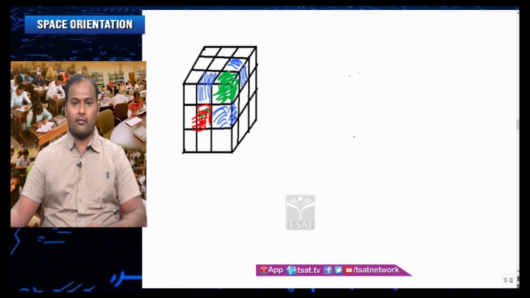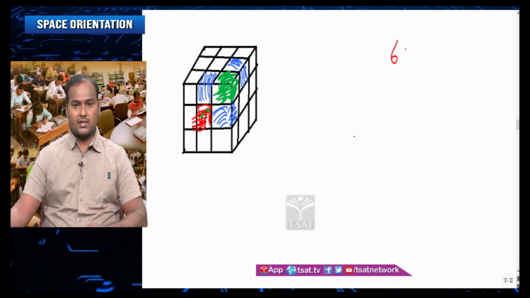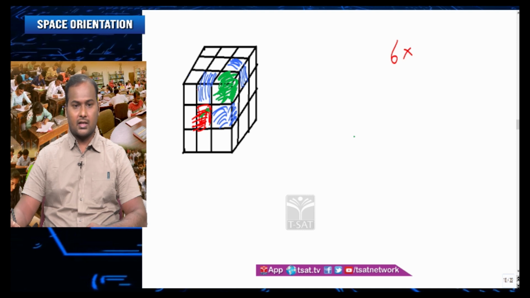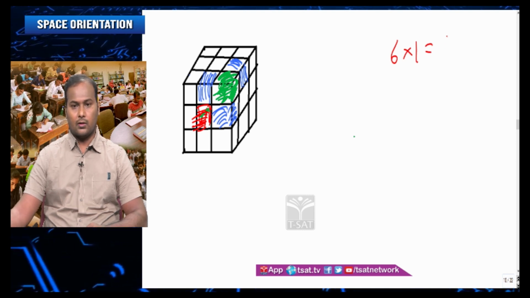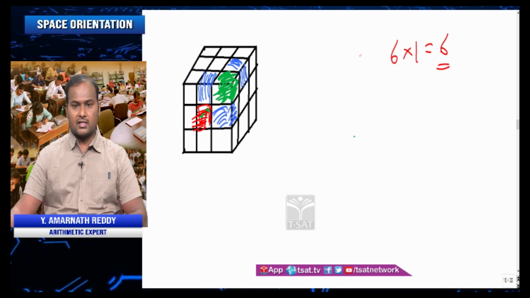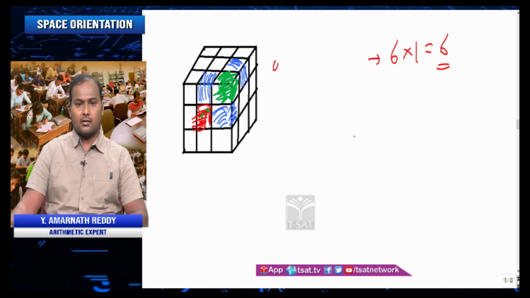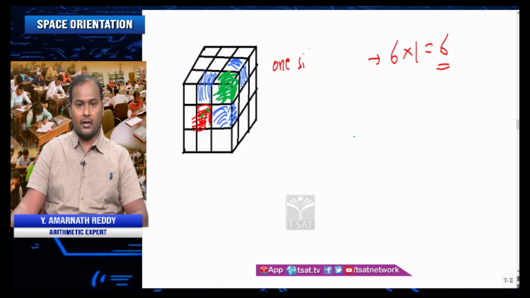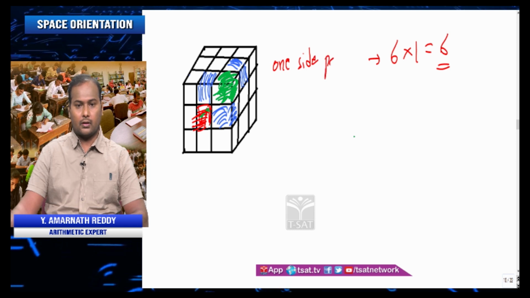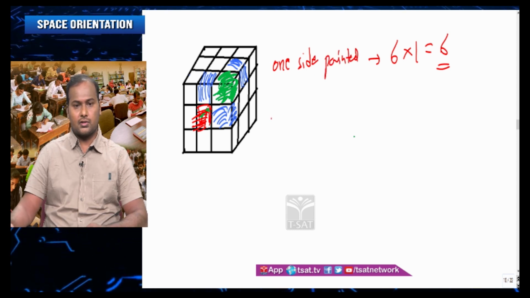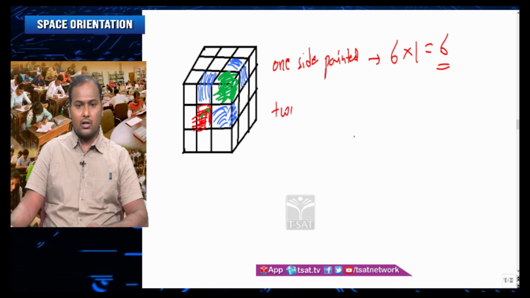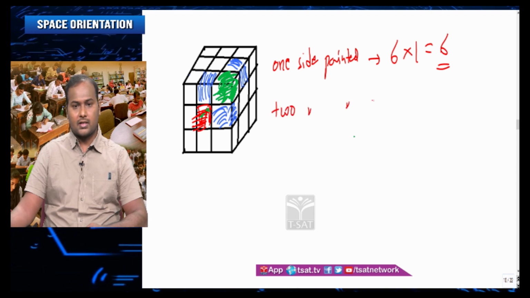Total how many faces do we have? We have a total of 6 faces, and on each face only the center is one side painted. So 6 into 1 equals 6. So these 6 will always have one side painted. This is very, very important.